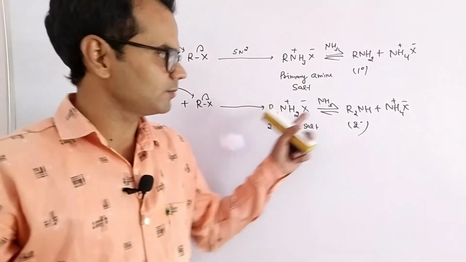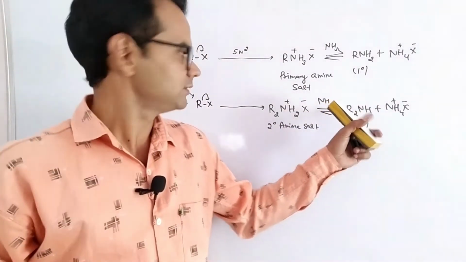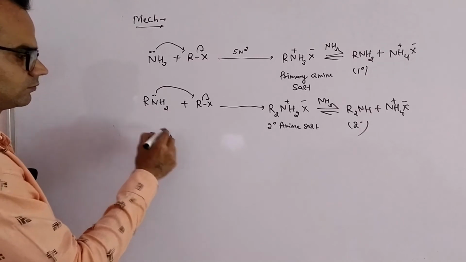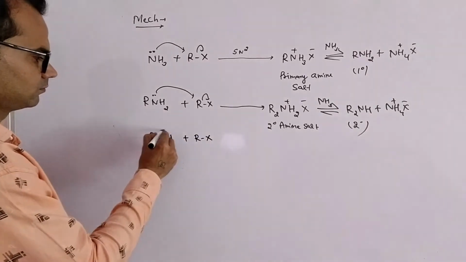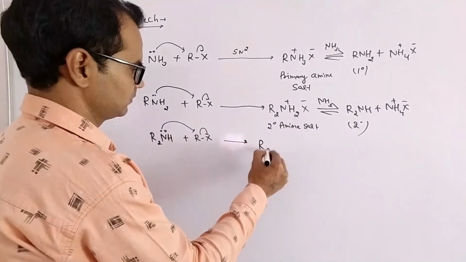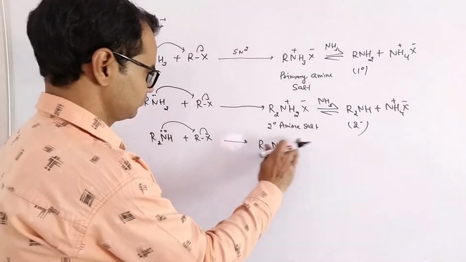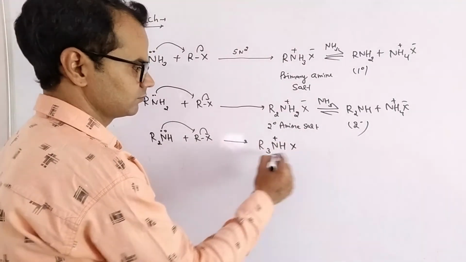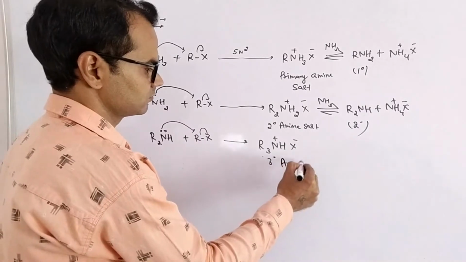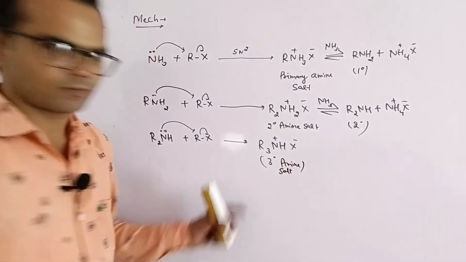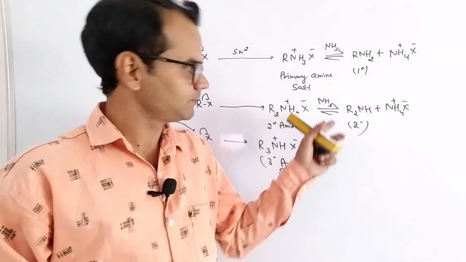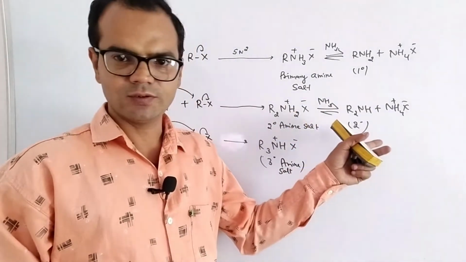Still reaction will further proceed by the attack of a lone pair of nitrogen on alkyl halide again. So now we have tertiary amine salt. It will further react with ammonia to give tertiary amine and ammonium halide.